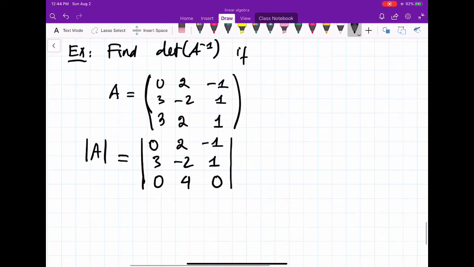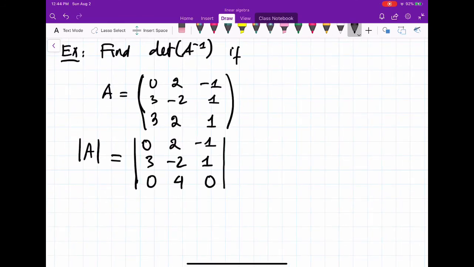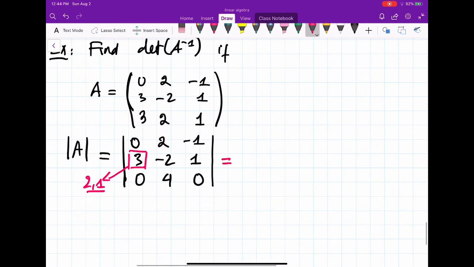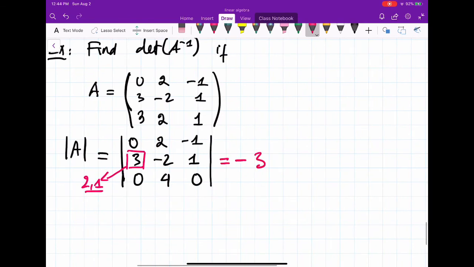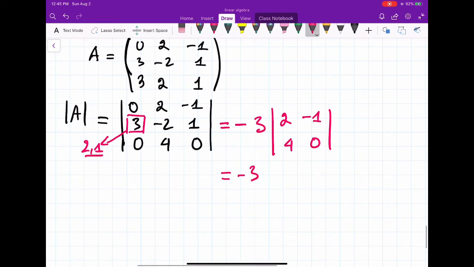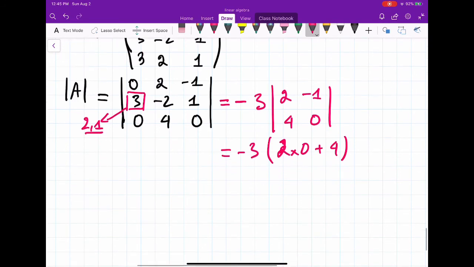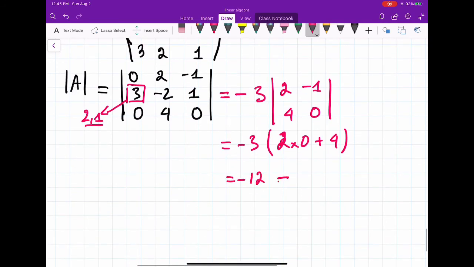Okay, so since the position of 3 is 2, 1, they are not of the same parity, so when I simplify that, I have -3 and then multiply with 2, -1, and 4, 0. So this is equal to -3 times, here I have 2 times 0 plus 4, minus the negative is plus, so that is -12, which is not 0.